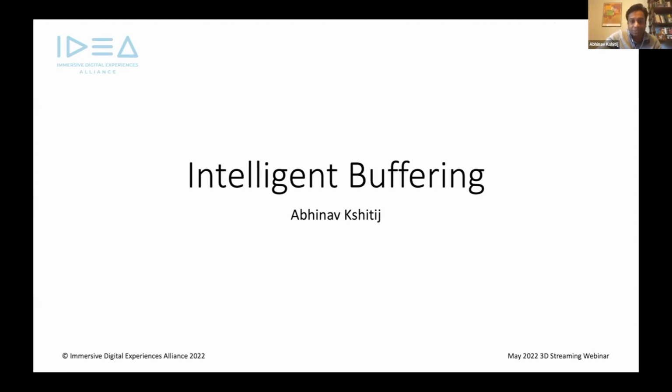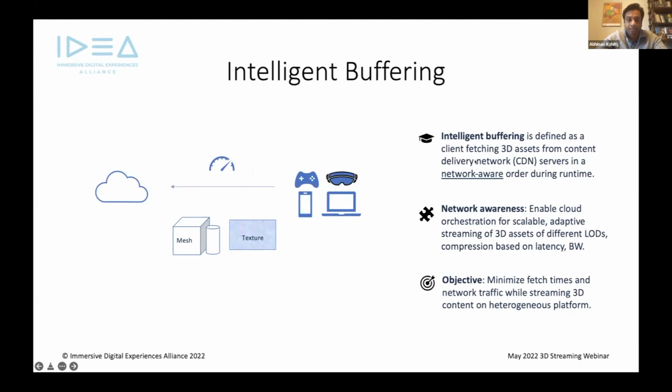So let's get into understanding what intelligent buffering really is. It is effectively defined as when a client fetches 3D assets from a CDN server, whether it's remote or placed at the edge, it sends its current network state and compute parameters to the cloud.